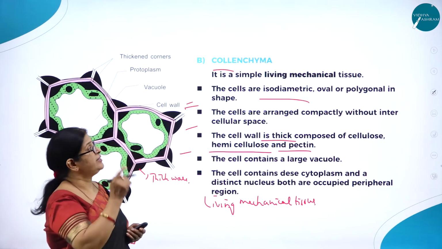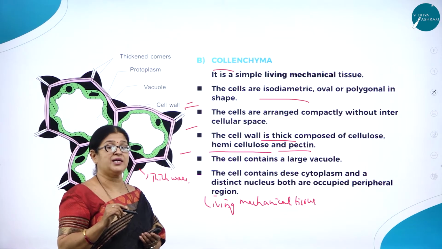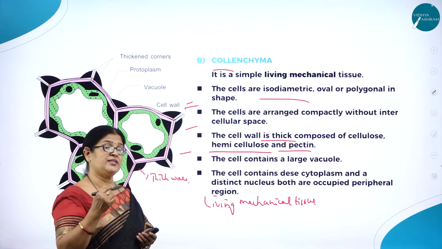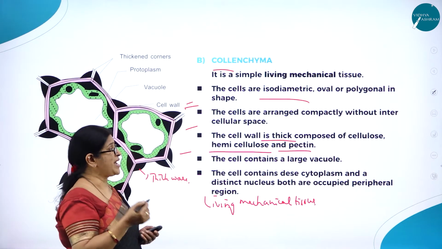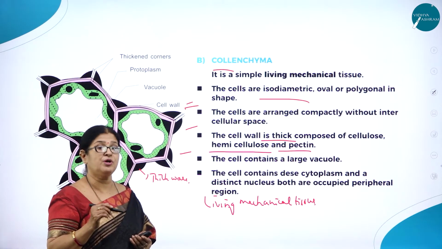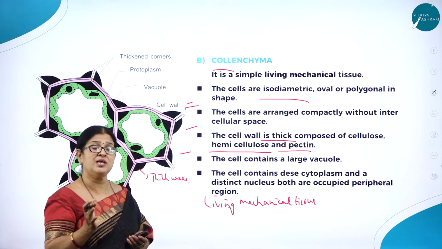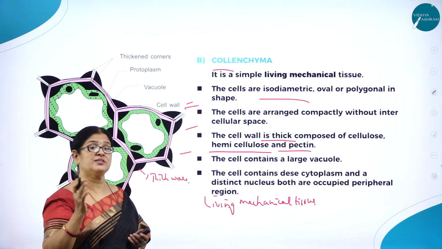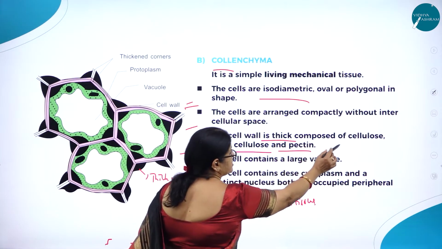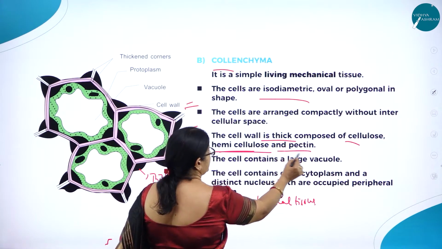As I said, collenchyma is a living mechanical tissue giving mechanical support to the parts of a plant body like the leaf and the stem. So imagine how is it possible for this collenchyma tissue to give mechanical support? Only when it is having some additional substances that give it that functionality. That is mainly because of the presence of cellulose, hemicellulose and pectin.